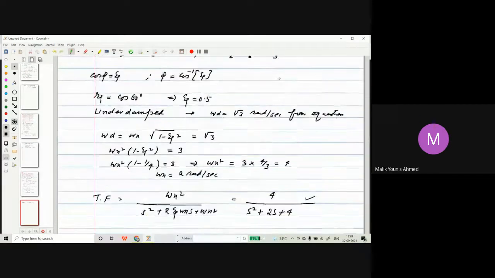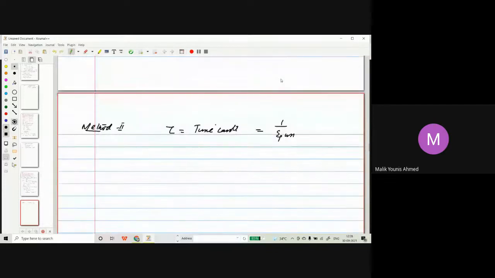That is the magnitude, we don't take the sign. So in this case it is 1 by xi omega n. That's the time constant, so that is equal to 1. So xi omega n is equal to 1. And also omega d is given in the question as under root 3, and omega d is omega n under root of 1 minus xi square. That will be under root 3.